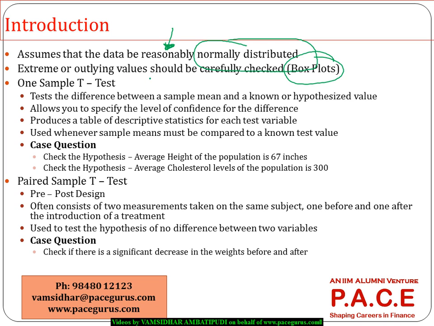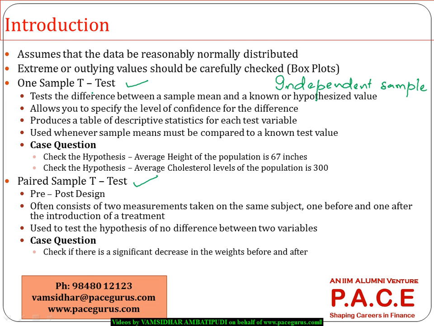As far as this session is concerned, I'll take up three different t-tests, one being the one sample t-test, then the paired sample t-test, and in the next slide I will be showcasing the independent sample t-test. So these are the three kinds of t-tests which we would be discussing here for three kinds of business tests.